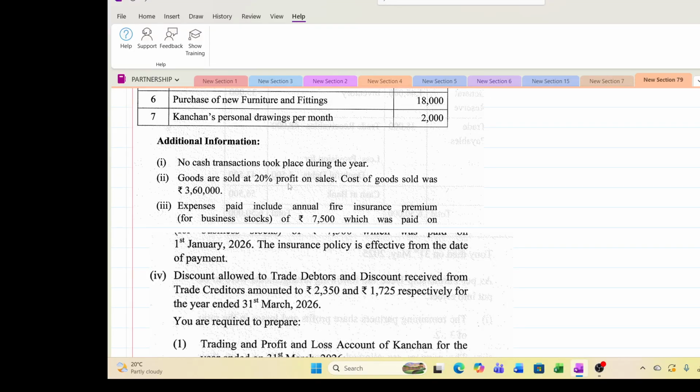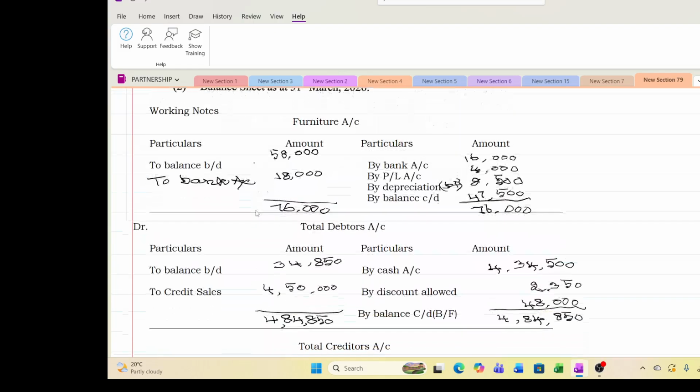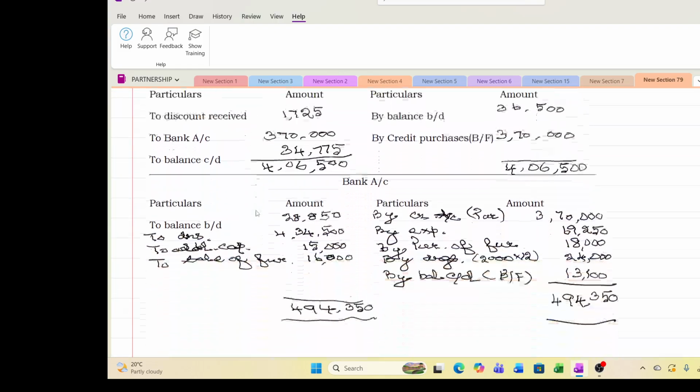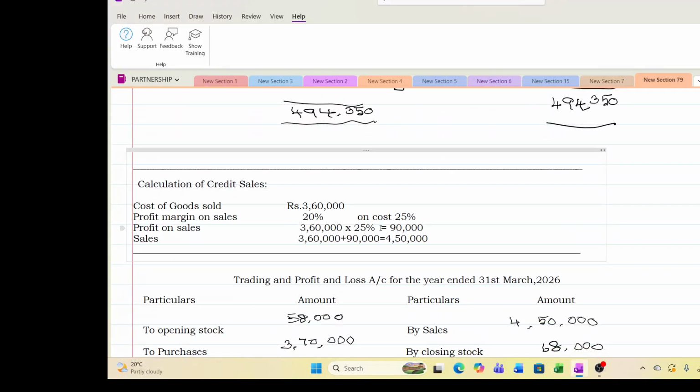Now, goods are sold at 20% profit on sales, but we are given cost of goods sold. So, all of you know, if it is 20% on sales, it is 25% on cost. So, 3,60,000 into 25%, you make one calculation. 25%, it is 90,000 profit. So, add that.